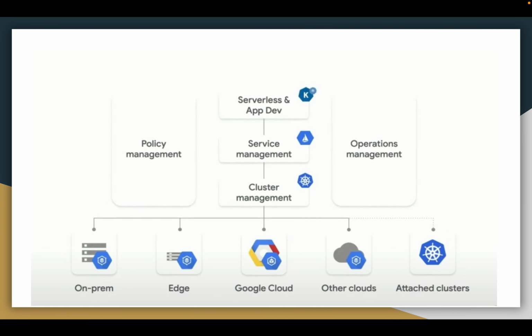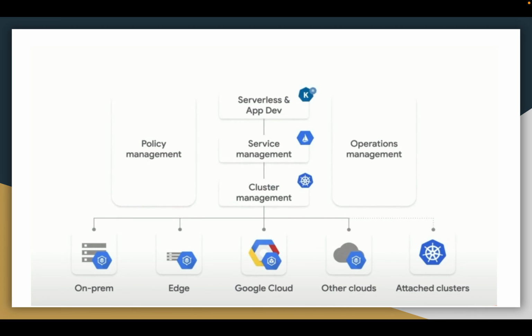Next, we now have multiple different deployment options: on-prem bare metal, which is coming into preview, Anthos on AWS, Azure VMs, and other Kubernetes environments. Service mesh to manage service mesh deployments, and Cloud Run to provide a serverless framework.